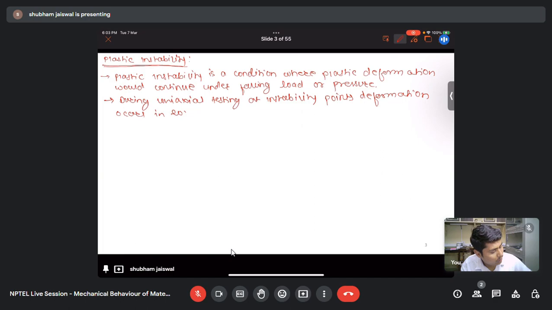Also, the uniform elongation at this particular point ceases. And the fourth point we can talk about for plastic instability is that at the point of instability, the force is maximum or dF equal to 0.